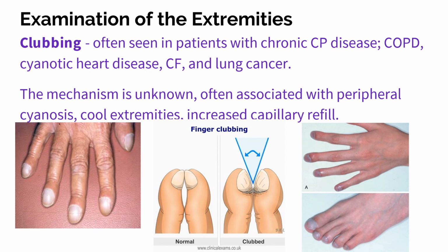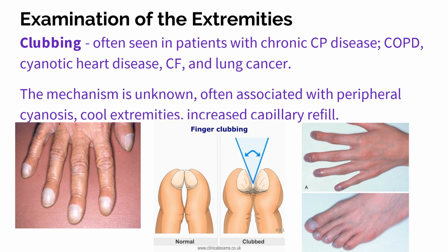Seen quite often in your cystic fibrosis patients, some COPD, end-stage COPD patients. You might see it in lung cancer, cyanotic heart disease. It's often associated with peripheral cyanosis, meaning they get discoloration, their extremities are generally cool, and increased capillary refill time. I need to fix that.